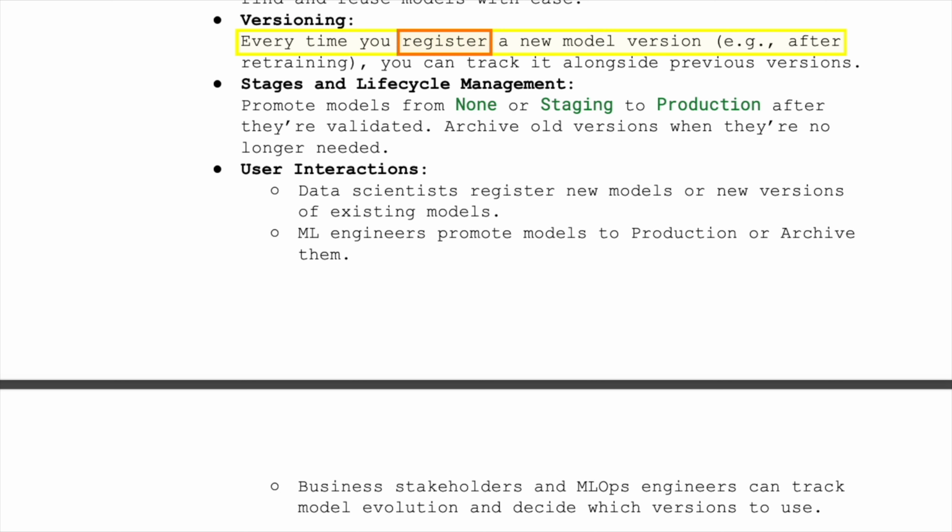Versioning. Every time you register a new model version, for example, after retraining, you can track it alongside previous versions. Stages and lifecycle management. Promote models from none or staging to production after they're validated. Archive old versions when they're no longer needed. User interactions. Data scientists register new models or new versions of existing models.